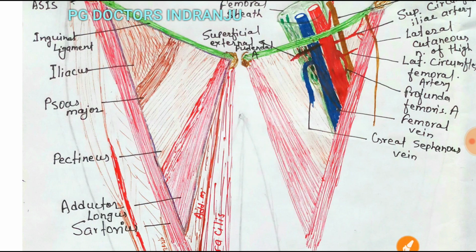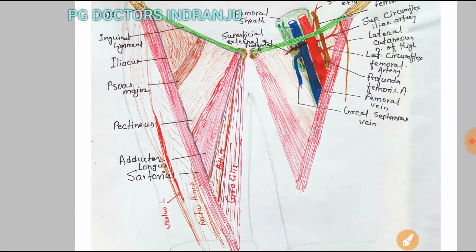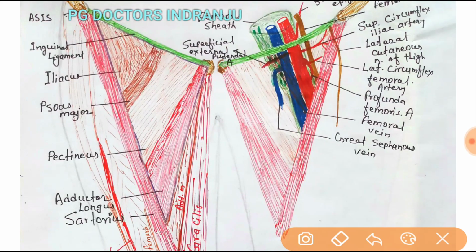Lateral to the sartorius muscle, there is the rectus femoris.